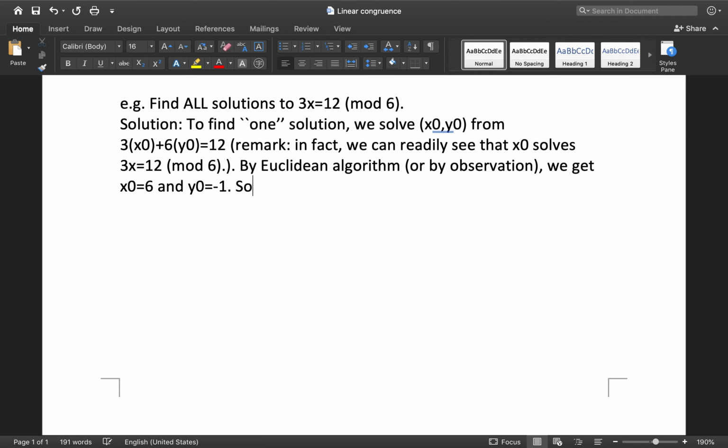So x0 equal to 6 is also a solution to 3x equal to 12 congruence modulo 6. Now we got one solution already, right?